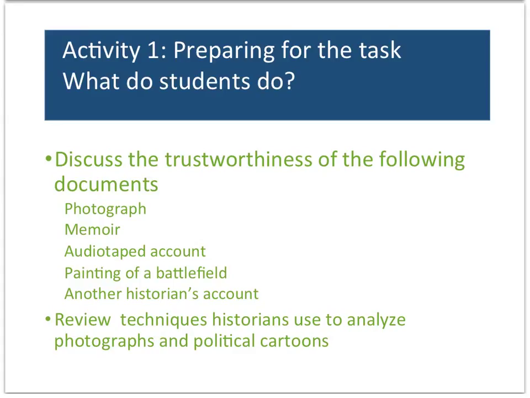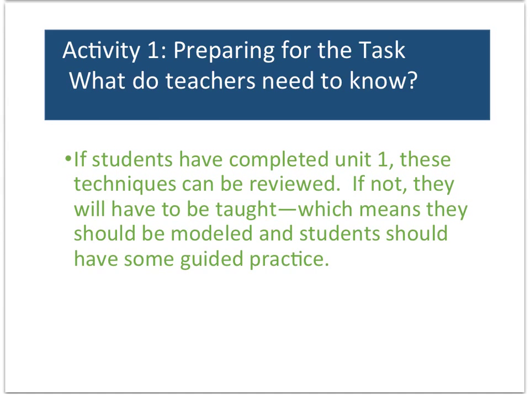They're also in Activity 1 going to review the techniques historians use to analyze photographs and political cartoons. They have had some of this in Unit 1 if they have done Unit 1. If they have not, then this will be fairly new information for them, although they did some of it in the first lesson. If your students have completed Unit 1 already, these techniques only need to be reviewed.